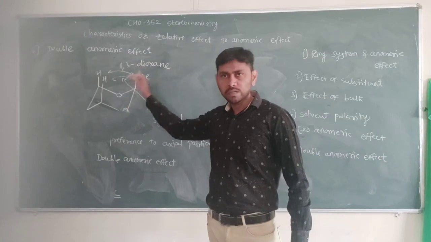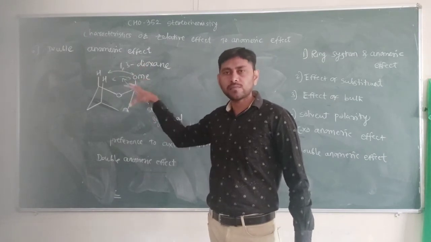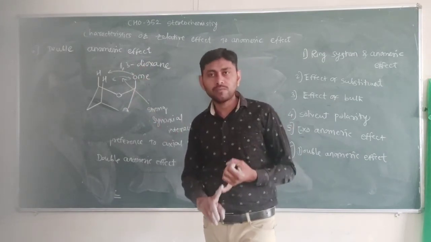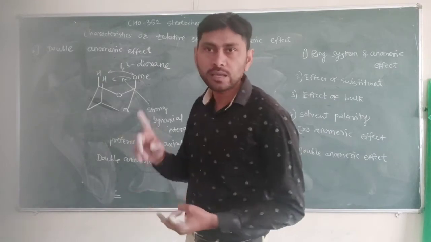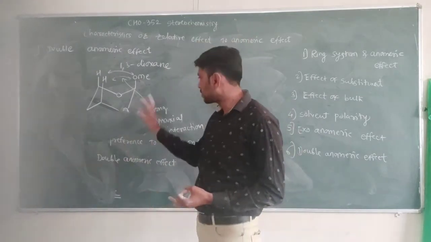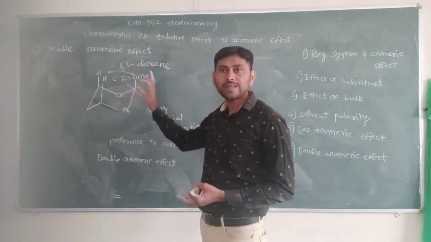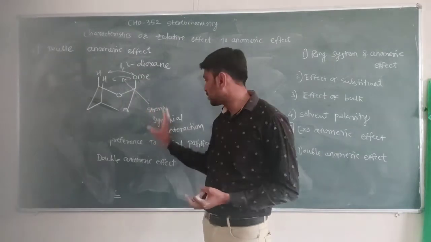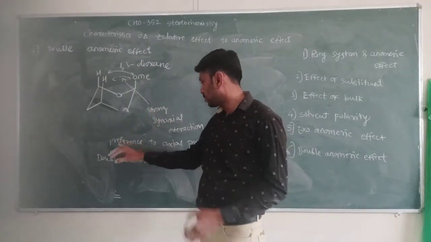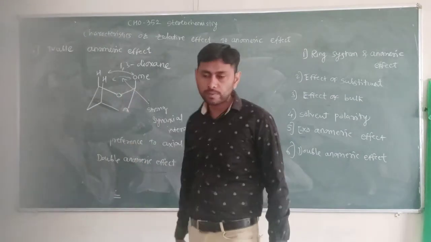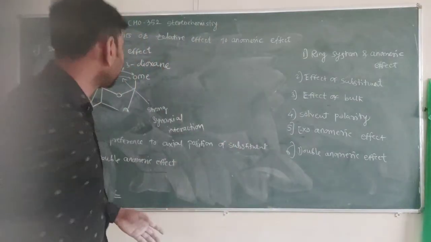Still it exists in the axial form, so the axial conformer is more populated than the equatorial conformer, and this is called the double anomeric effect. So this is about the anomeric effect.